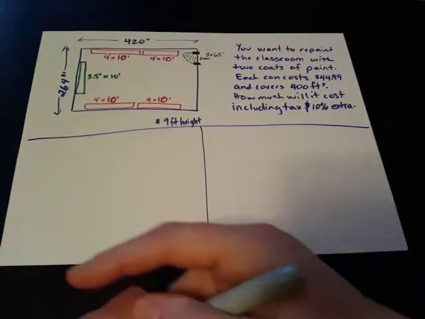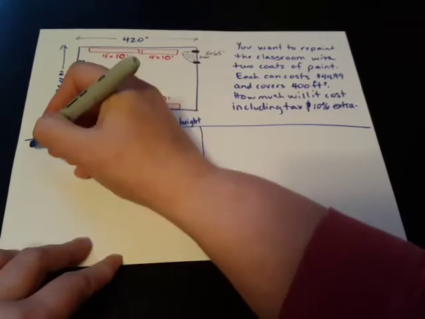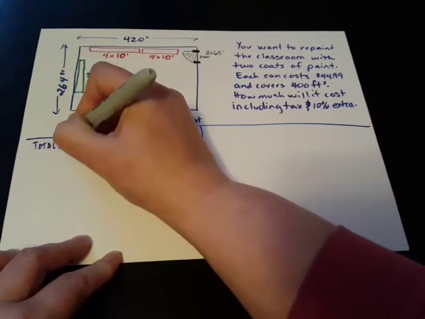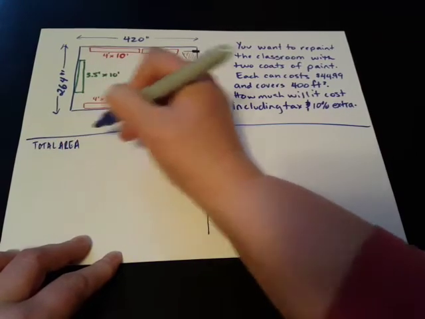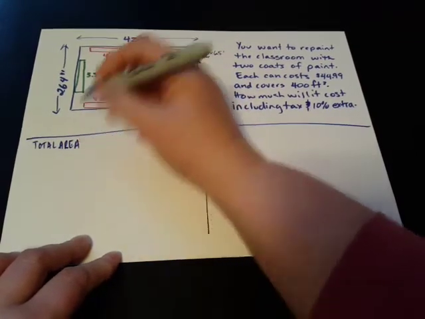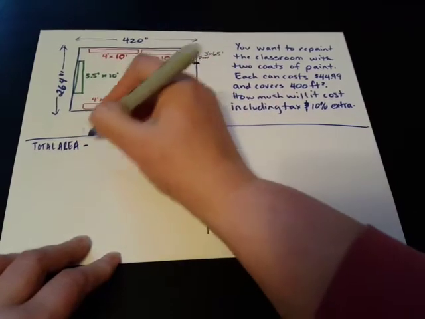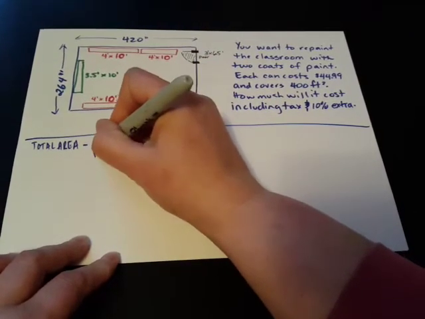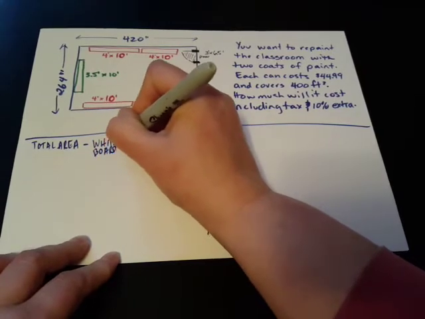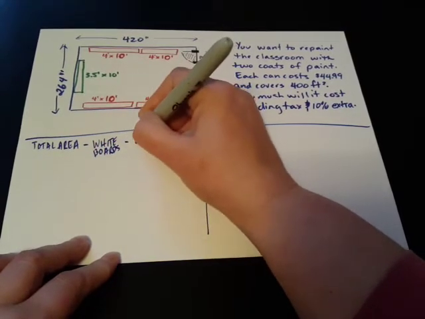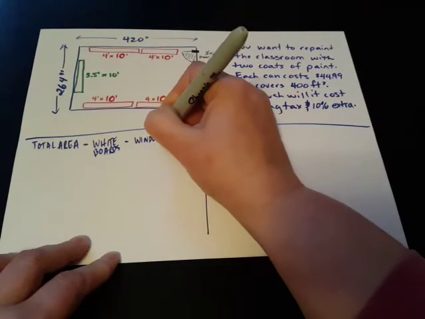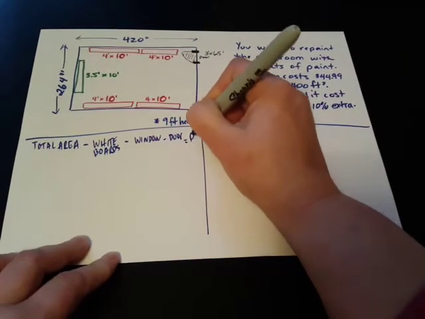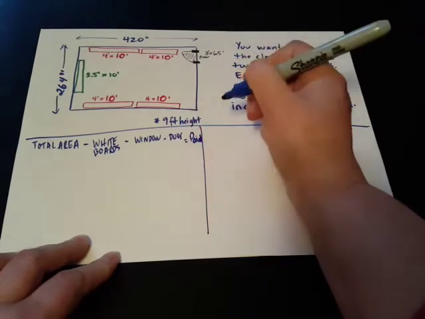We're going to have to find the total area of the 4 walls that we need to paint. And once we find that total area, we're going to have to subtract off these whiteboards, and subtract off the window, and subtract off the door. And then that should leave us with the area for paint.